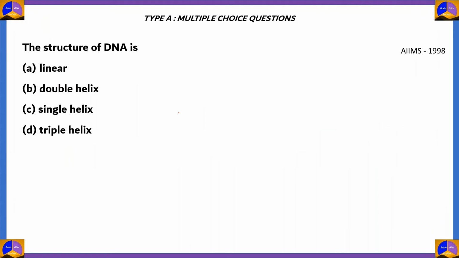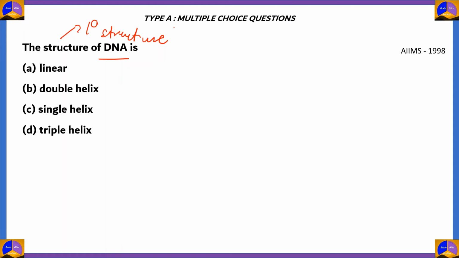Now let's look at this question. The structure of DNA is, and when we're looking at structure, this is the primary structure, the basic structure of DNA, the one formed by a small combination of nucleotides.